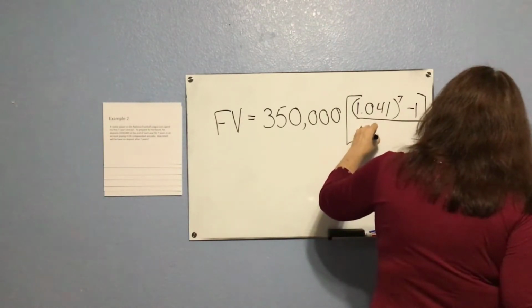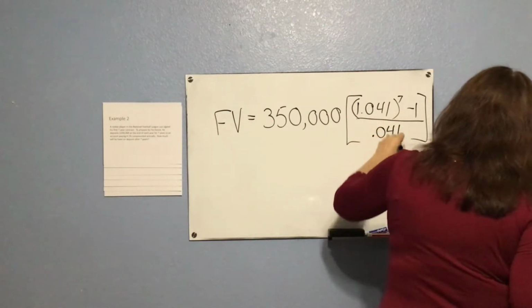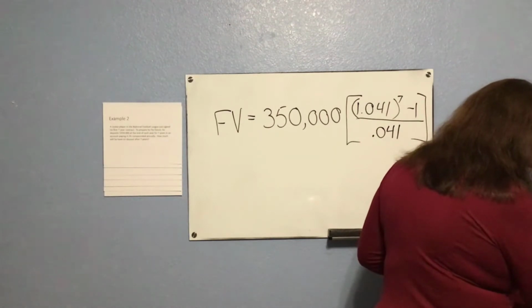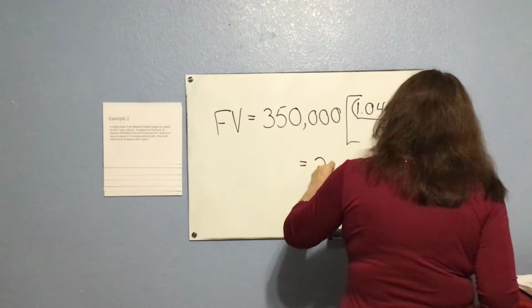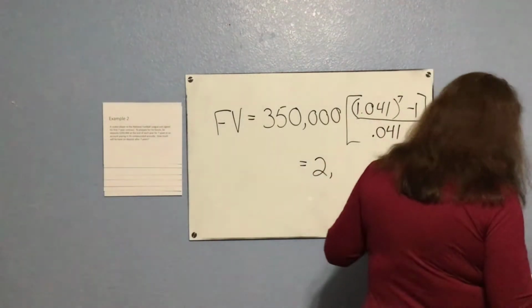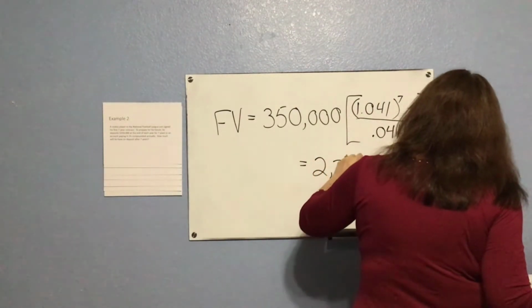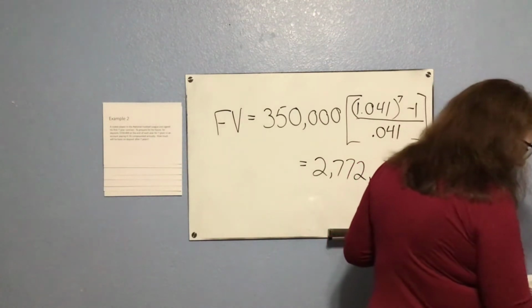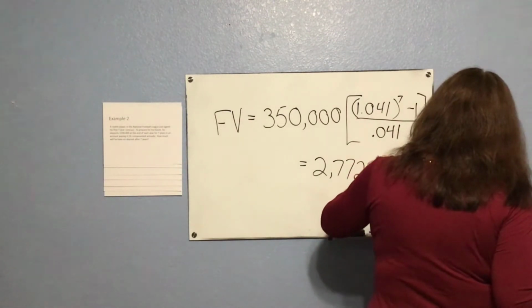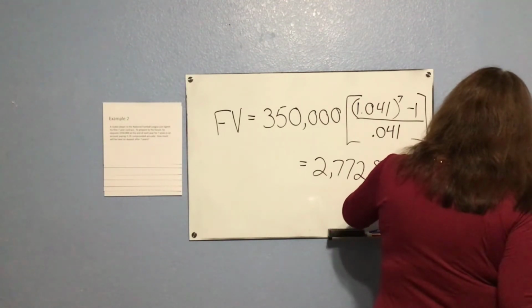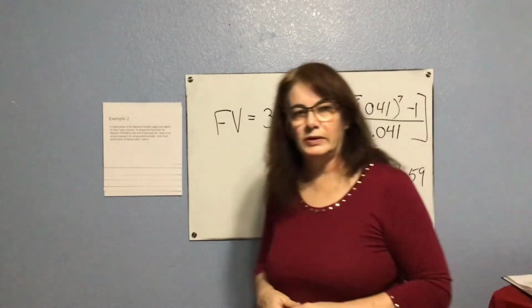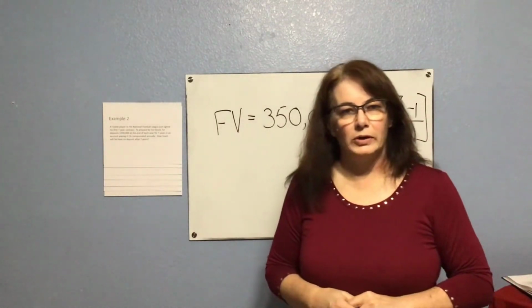And here we have 0.041. So this comes out to $2,772,807.59. Pause the video now and work on checkpoint 2.